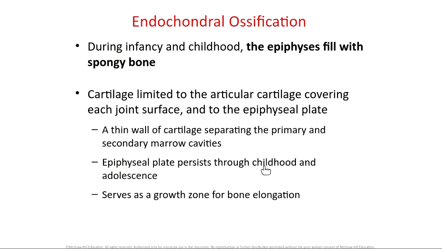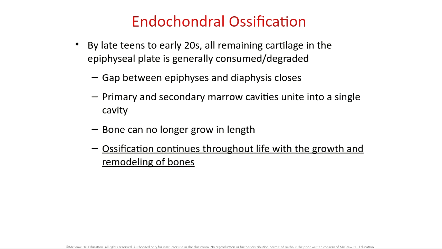The epiphyseal plate will persist through late adolescence to early adulthood. The epiphyseal plate is a zone of growth, and that's how bone elongation occurs. By the late teens to early 20s, you should have all of your epiphyseal plate activity finished.